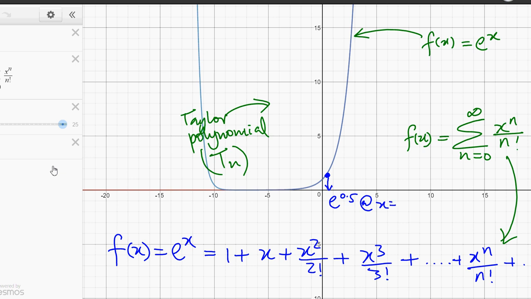We can use our Taylor polynomial to approximate it because it's close to 0. And the reason we're choosing a point close to 0 is because this is a Maclaurin series, centered about 0.